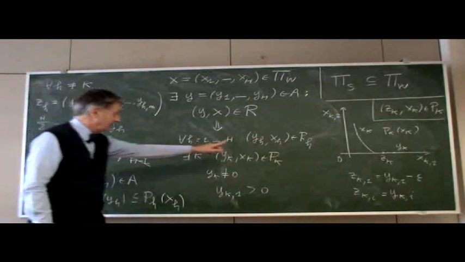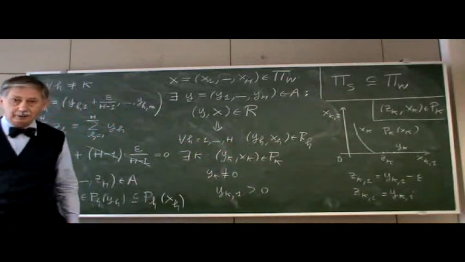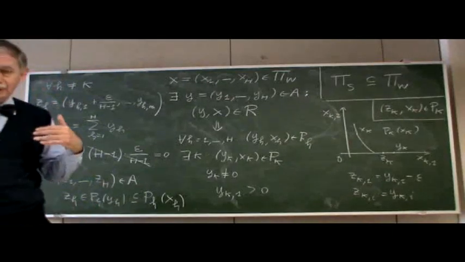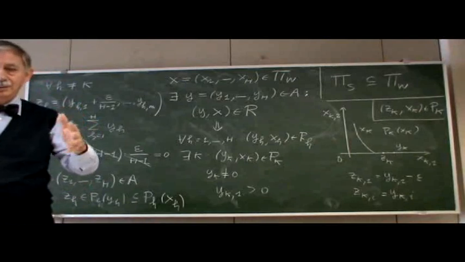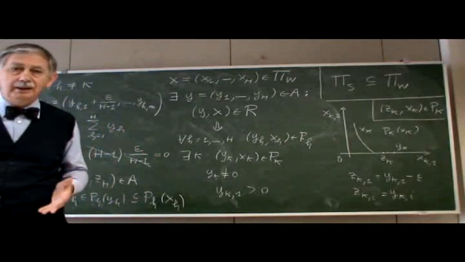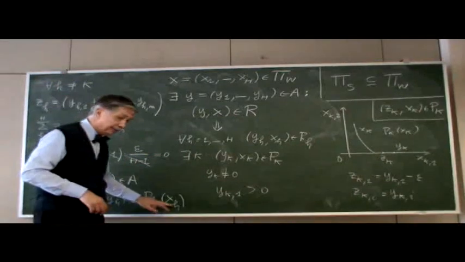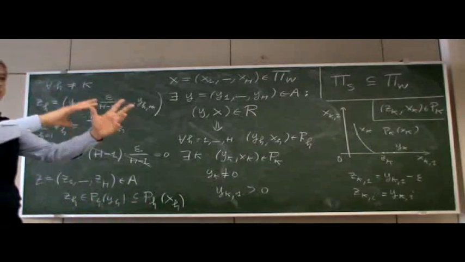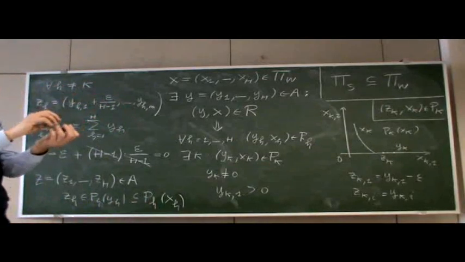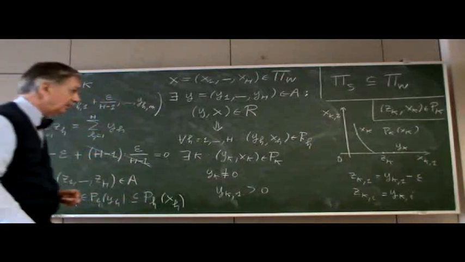But we know by assumption that yh is weakly preferred to xh. And since the weak preference relation is transitive, by a well-known theorem of consumption theory, we obtain that zh is strictly preferred to xh. If z is strictly preferred to y, and y is weakly preferred to x, z is strictly preferred to x.